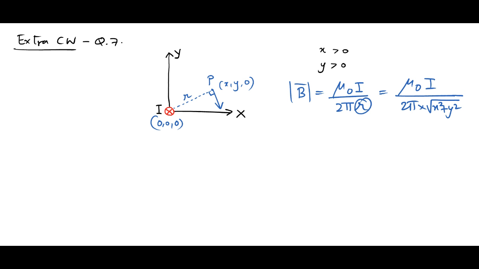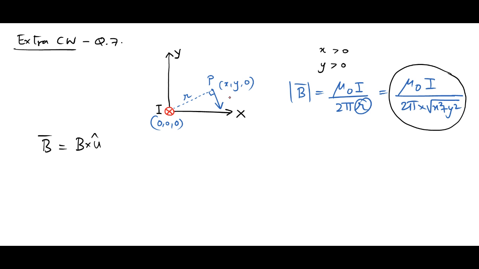Now the question specifically asks for the magnetic field B bar, and that implies that the magnitude is only part of the answer. The magnetic field will actually be the magnitude, which we have called B, multiplied by the unit vector in the proper direction, the proper direction being this particular direction.